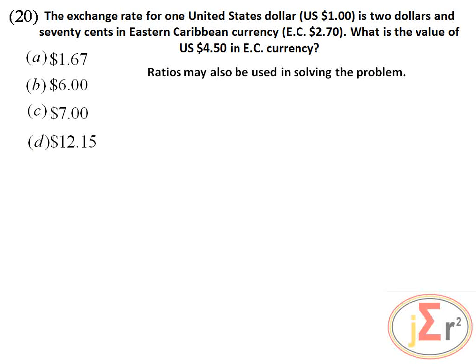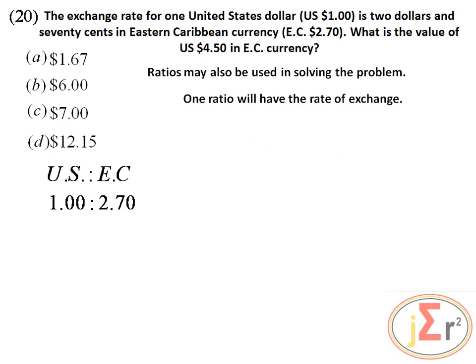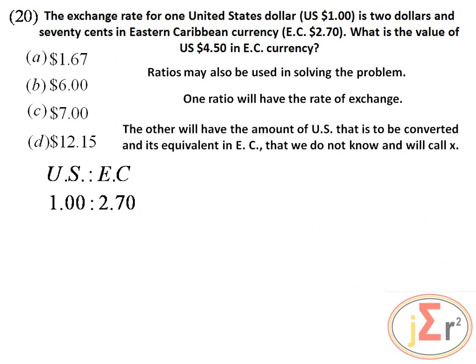What do we know? Ratios may also be used in solving the problem. US to EC ratio, what do we know? 1 to 2.7. So we have EC here and US here, so US to EC. Then we have the US is 1, the EC is 2.7, 1 to 2.7.